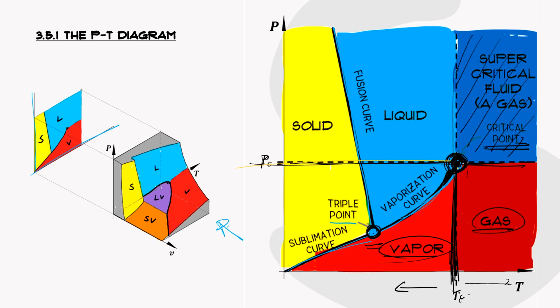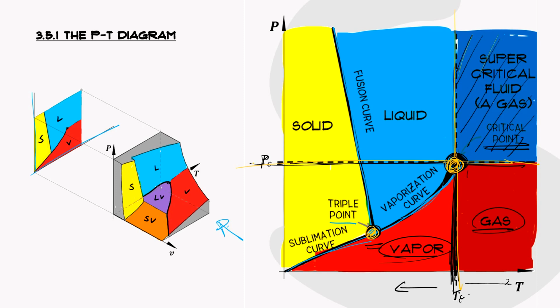And right here we have the points that I highlighted, which are the critical point and the triple point. At the triple point, the solid, liquid, and vapor coexist. Beyond the critical point, there's no actual distinction between the liquid and the gas phase, so we call it a supercritical fluid.